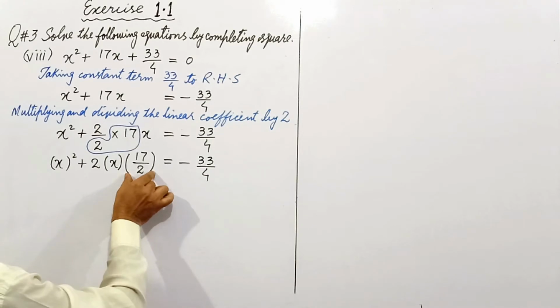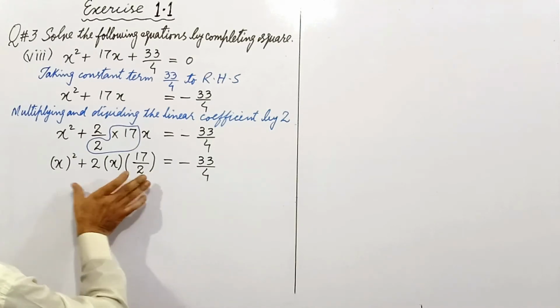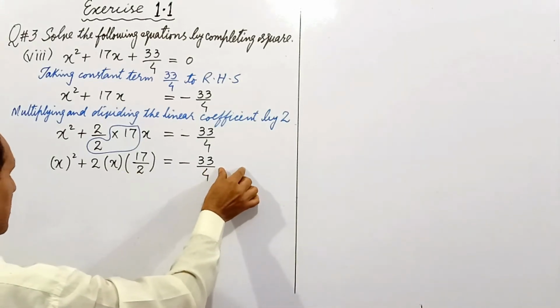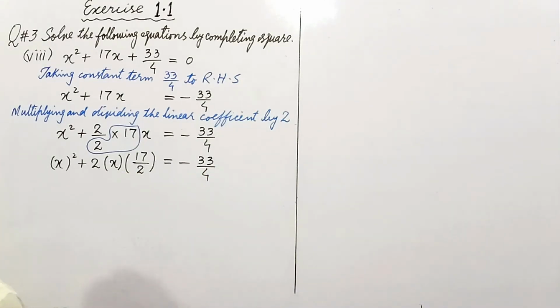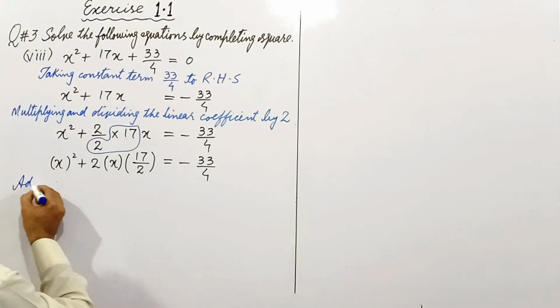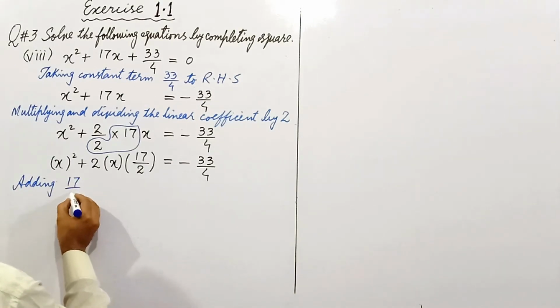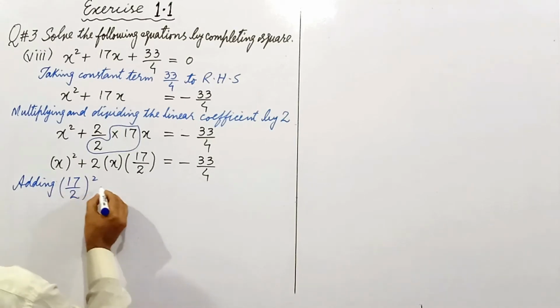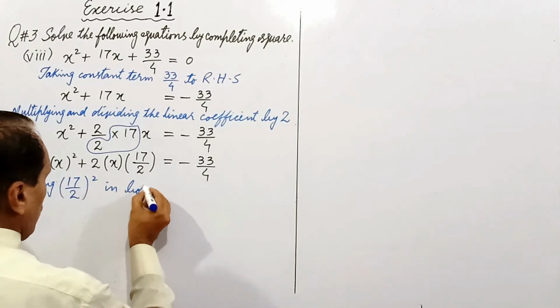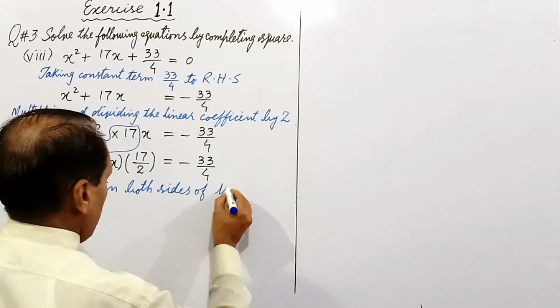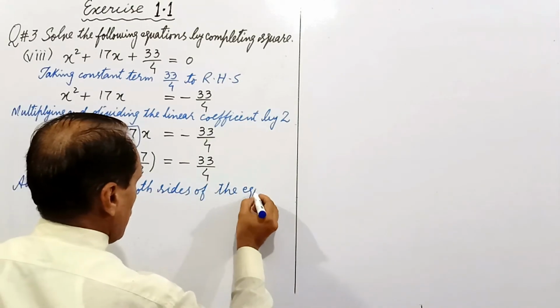Now we have to add the square of 17 over 2 on the left hand side to make this expression a perfect square. But we have to add the same value on the right hand side as well. So we do this, adding the square of 17 over 2 to both sides of the equation.